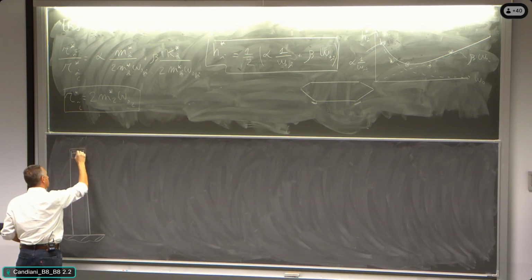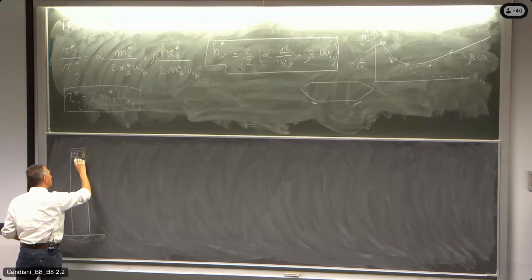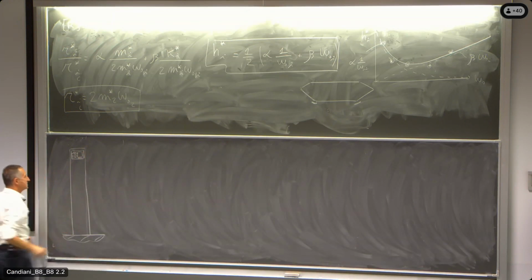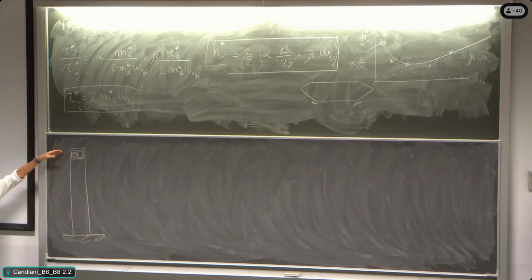So there is a tuned mass damper on top of the building. So there is an oscillating mass positioned on top. And tuned means that it's tuned. What does it mean, tuned?